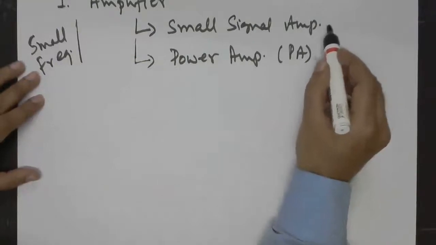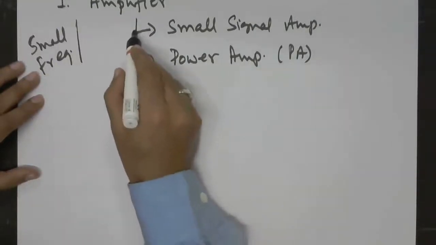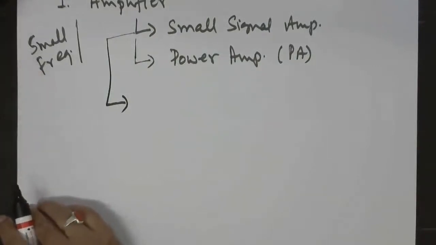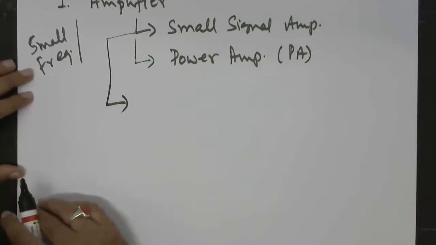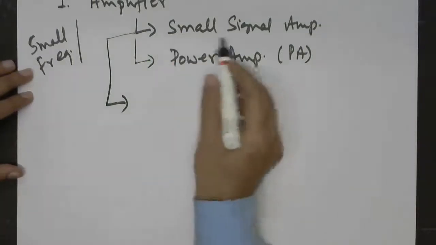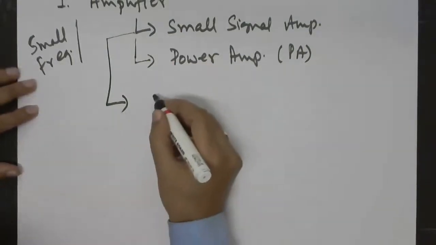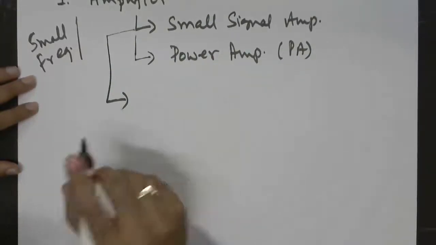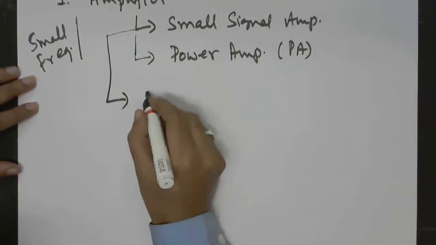Now these small signal amplifiers themselves will be implemented or realized in various ways. So there will be various circuits for this small signal amplifier. For example, there will be an amplifier which will contain only a single transistor.